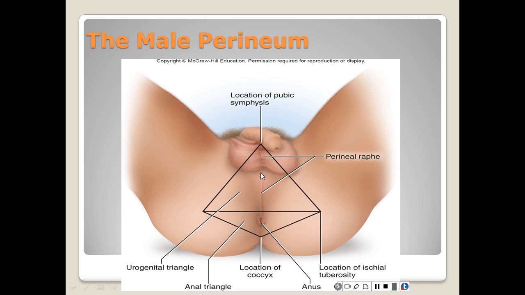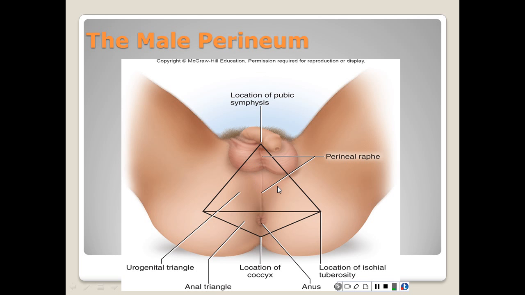You can see it going down here. Now the left testis is usually lower than the right, so that the two are not compressed against each other between the thighs. So this one, the left side, is a lot lower than the right side.